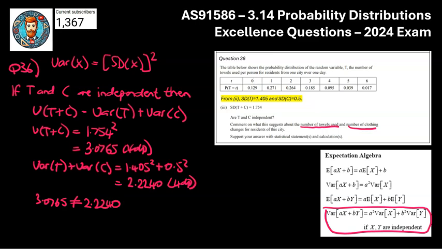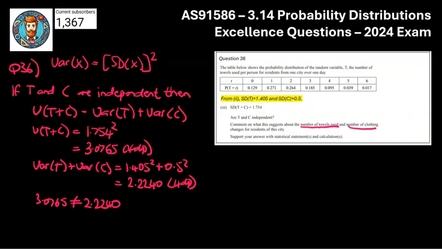So that means the variation of T plus C is not the same as the variation of T plus the variation of C. So we're writing that down, maybe down the very bottom here. The variation of T plus C is not equal to the variation of T plus the variation of C. Gosh, very messy handwriting there. Apologies about that.